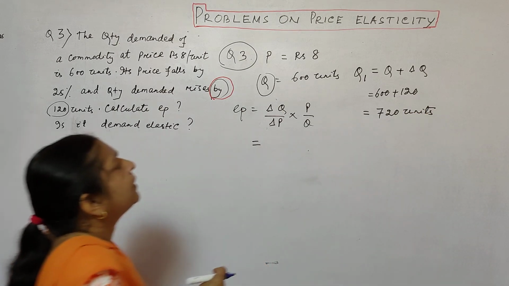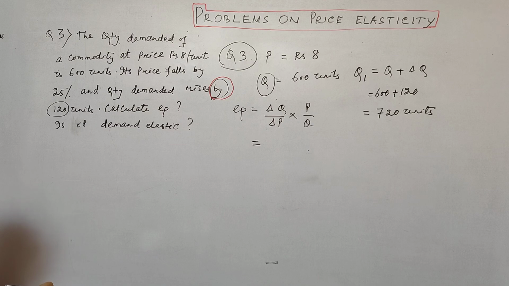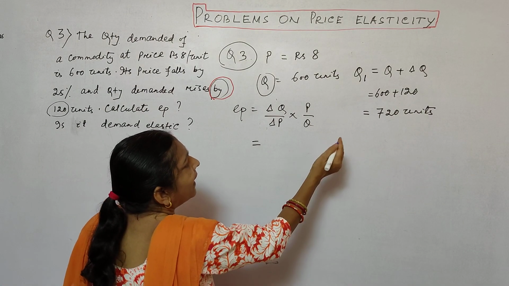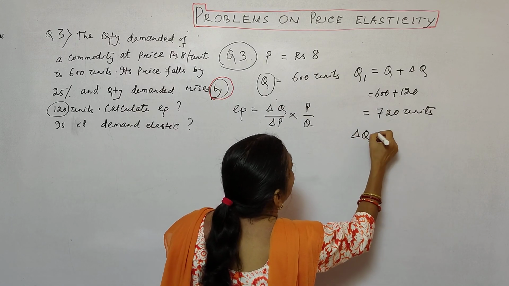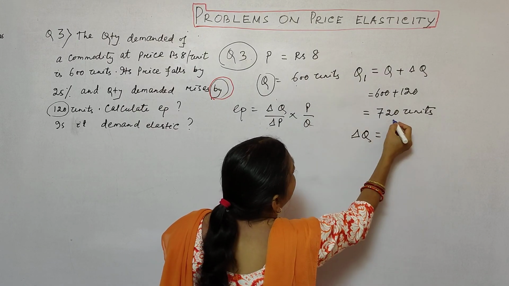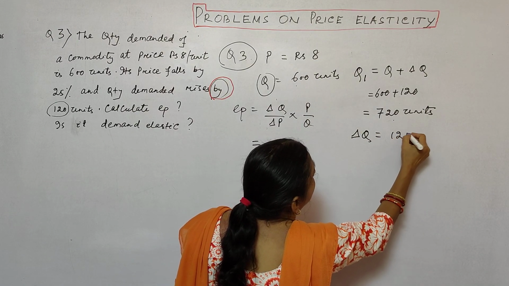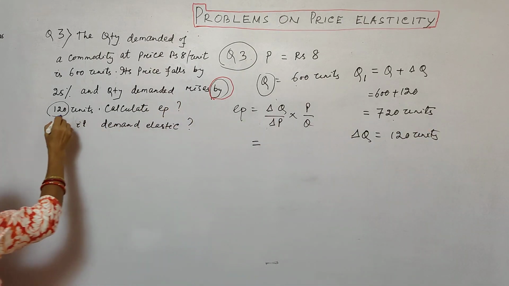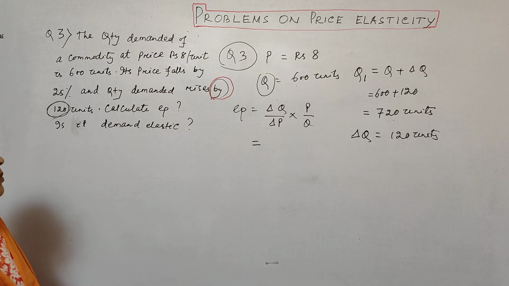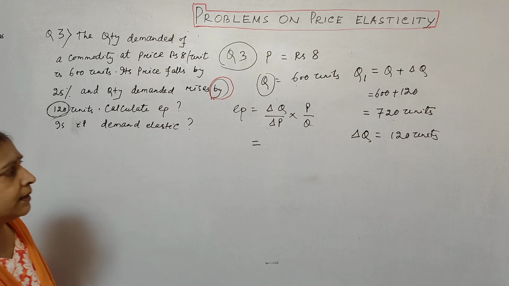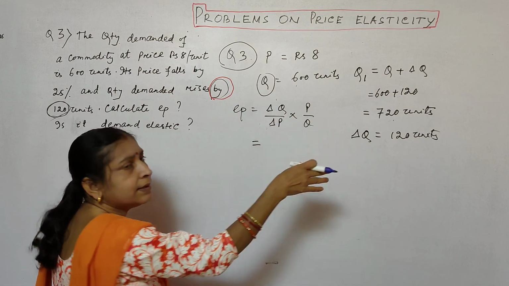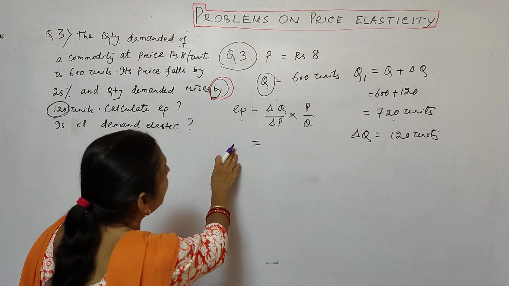Now our Q1 is 720 units. So delta Q, from 600 to 720, is 120 units. They have given this amount, rises by 120. This 120 is our delta Q. Now we will put the values of all this information and find the value of EP.